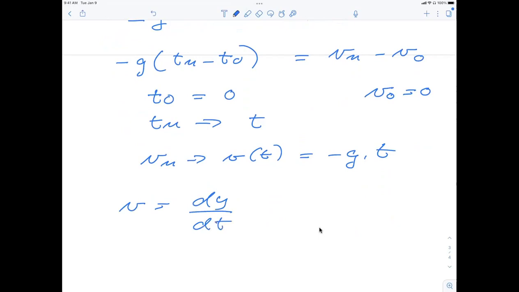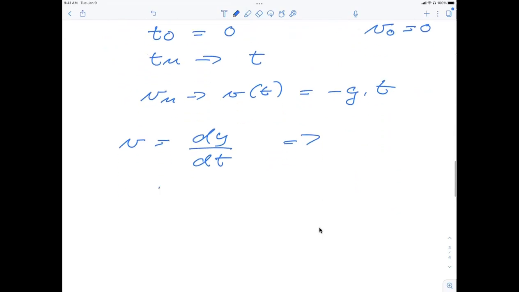We would multiply with dt on both sides and just repeat the same trick again. And when we did that, and this is where we basically ended last week, we ended up with y0 minus 1/2 g t squared.